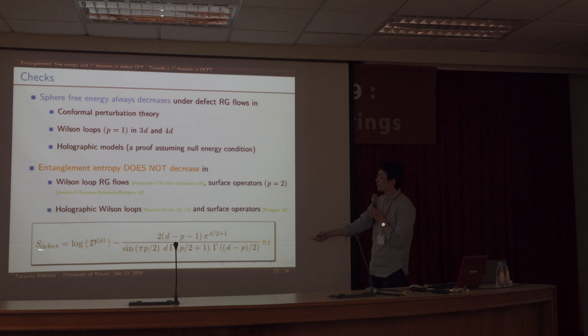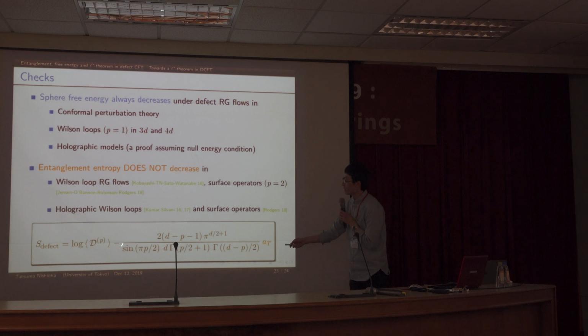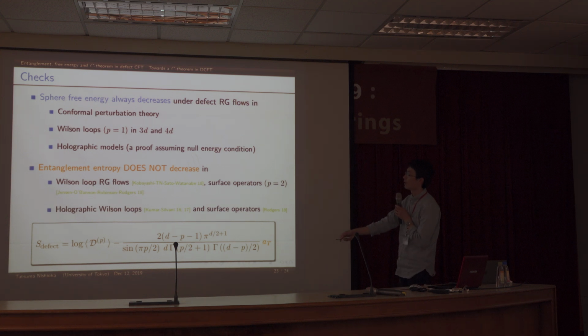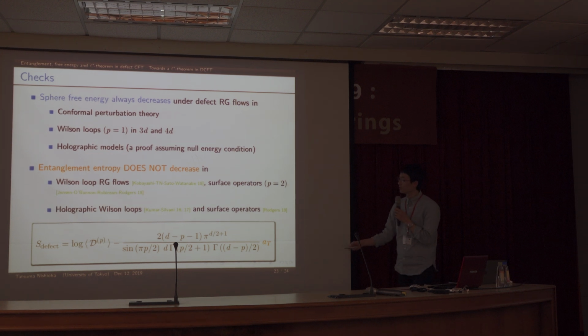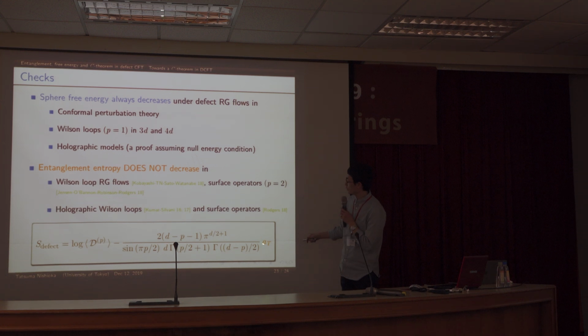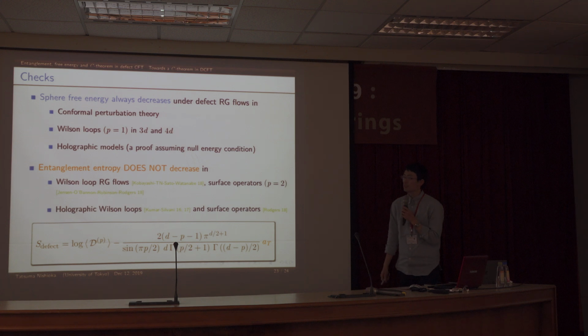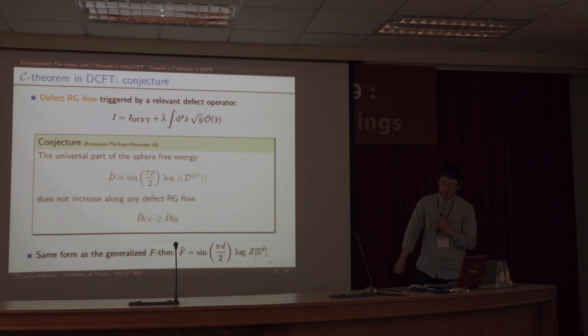In general, the defect entropy and the defect sphere free energy are related due to this term. This term does not have any monotonic properties under RG flow. So due to this term, entanglement entropy cannot be a C function. We do not prove our conjecture, but at least you cannot use entanglement entropy as a C function.